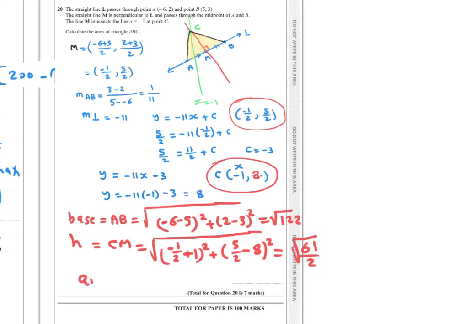So now the area equals half times the base, square root 122, times the height, square root 61 over 2, equals 30.5 to 1 decimal place.